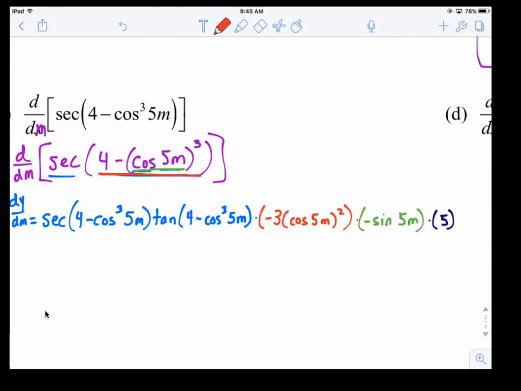The derivative of cosine gave the negative, which turns into negative sine, but you keep whatever you're taking the cosine of the same. We were saying you have 1, 2, 3, 4 functions to take the derivative of.